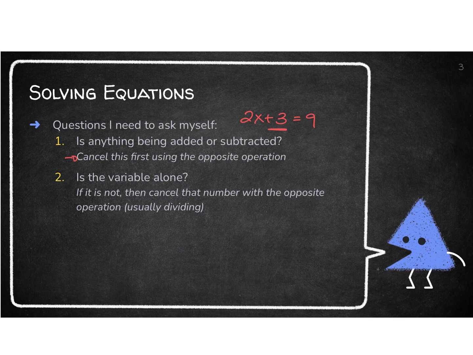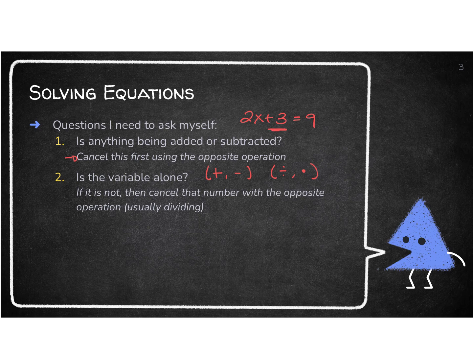So when we talk about opposite operations, we know that the opposite of plus is minus. The opposite of division is multiplication. Those are the two that we're going to use today: the opposite of addition is subtraction, and the opposite of division is multiplication.